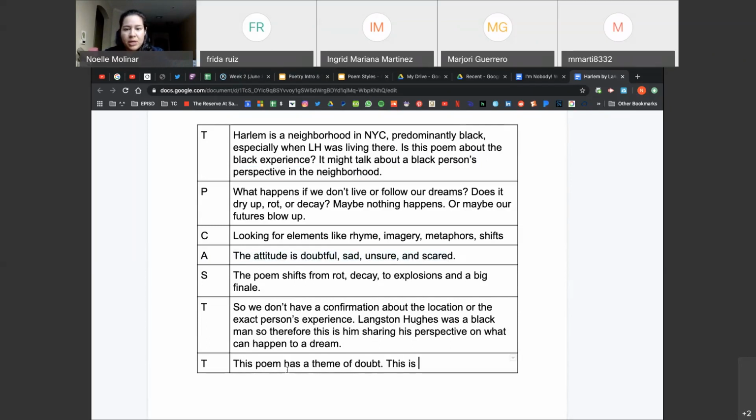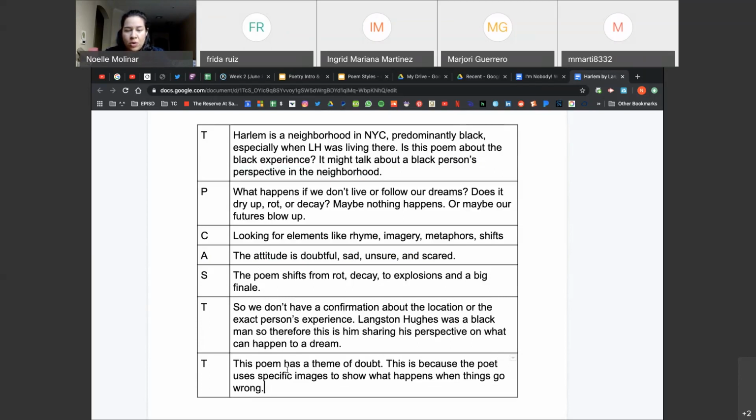This is because the poet uses specific images to show what happens when things go wrong or if they are neglected. Okay, so there, even though I could just say, oh, the theme is about doubt.